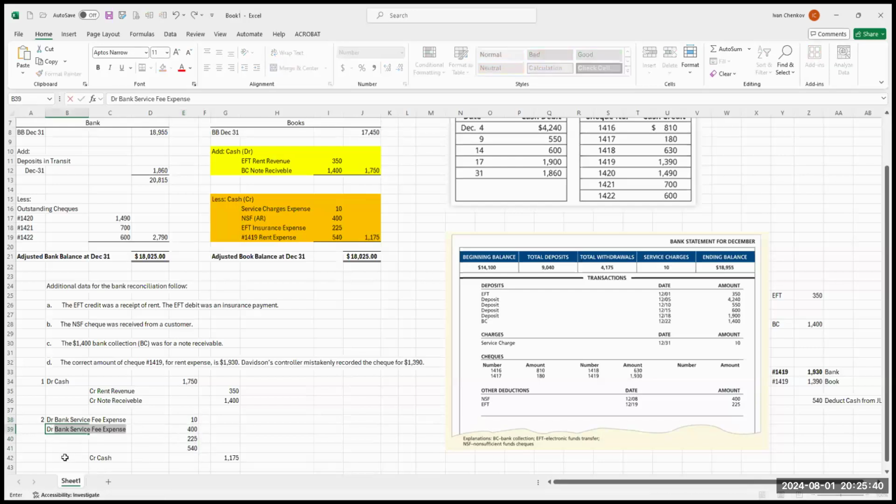Second debit is for the accounts receivables. The third debit is for insurance expense. And the last debit is for the rent expense.